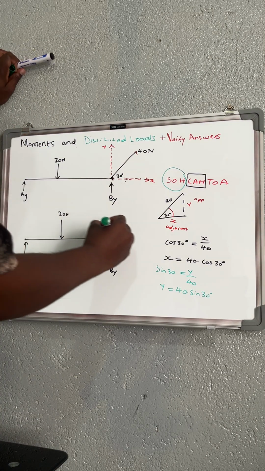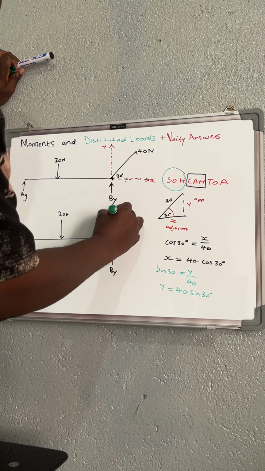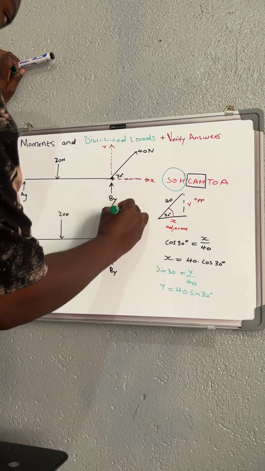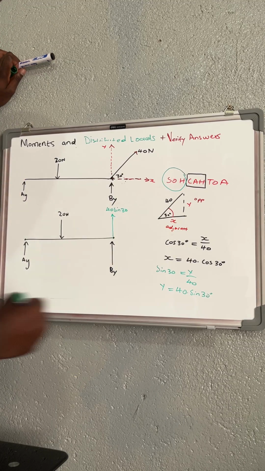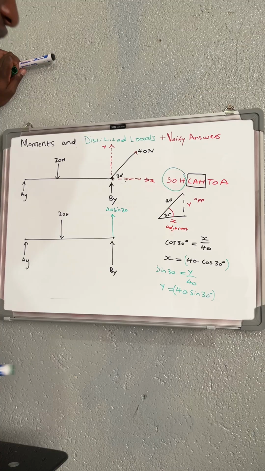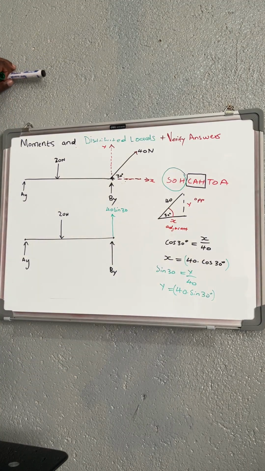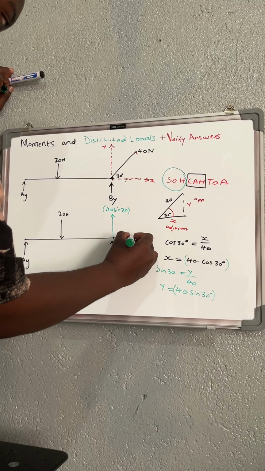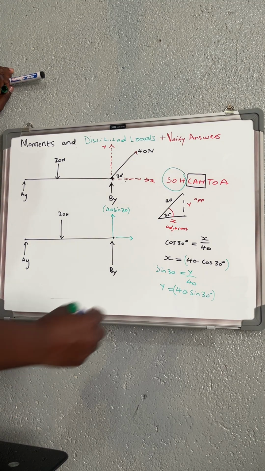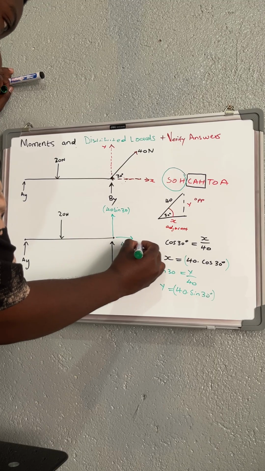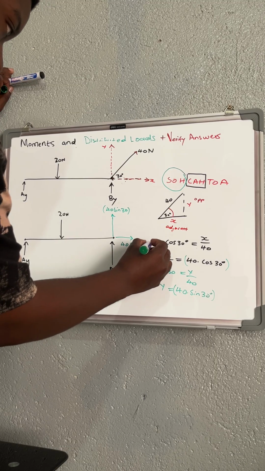So we've calculated the component of that one going up, which gave us 40 sine of 30. I like to write them in brackets so you know that this will still need to be multiplied by the distance. Then the one going this side, which is the x-axis, we have that 40 cos of 30 degrees.